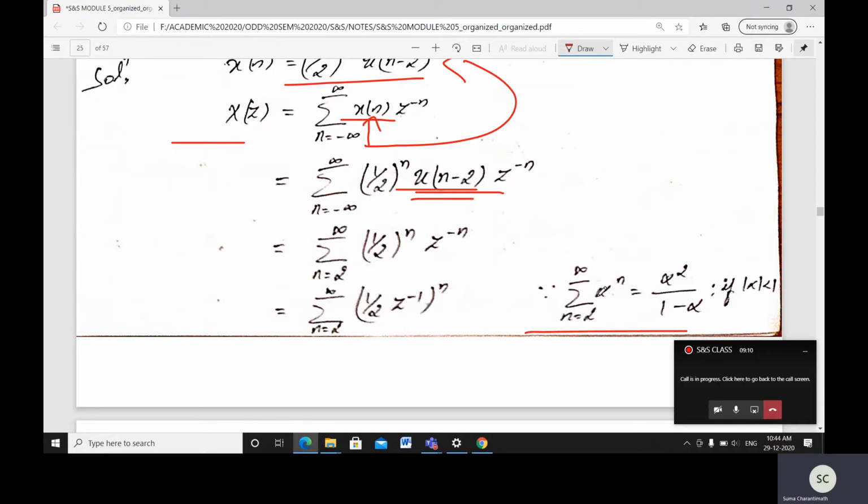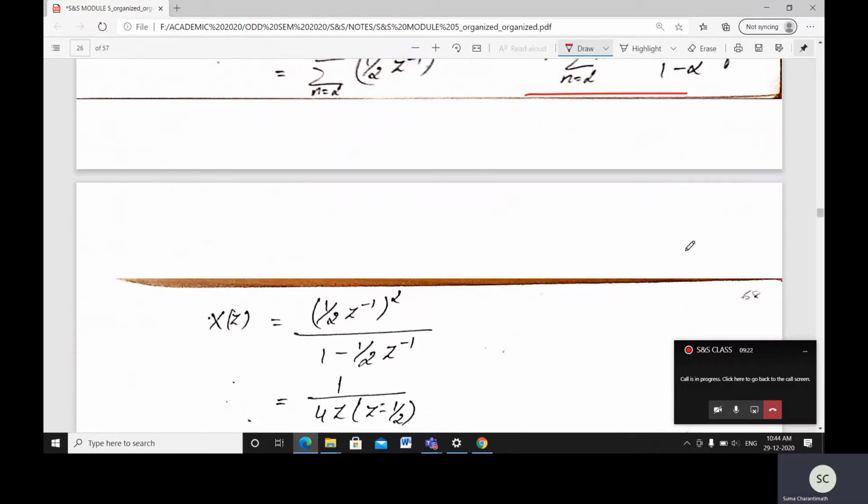Then by using the formula, summation from 2 to infinity of alpha raised to n equals alpha raised to 2 divided by 1 minus alpha, where mod of alpha is less than 1. Then based on the formula, X of z is 1 by 2 into z inverse whole square divided by 1 minus 1 by 2 z inverse.